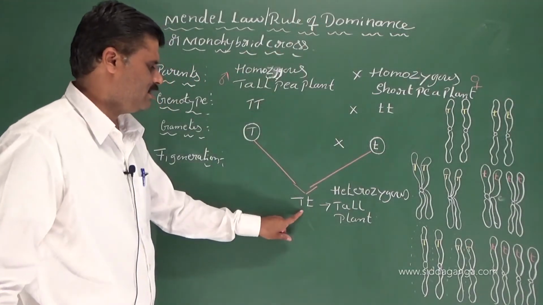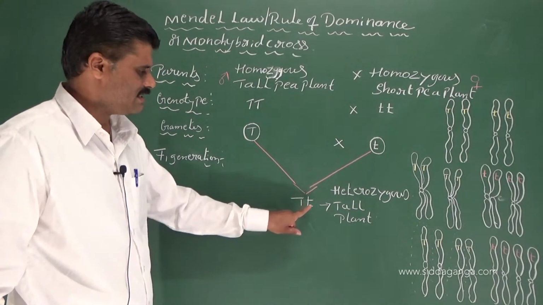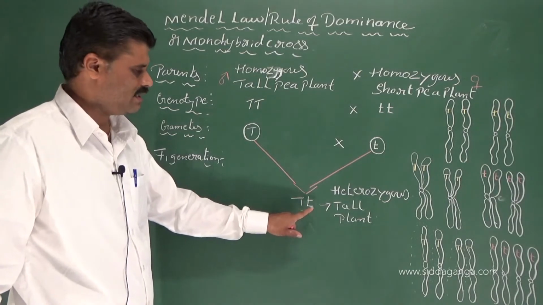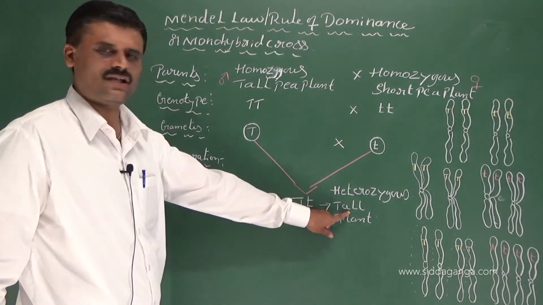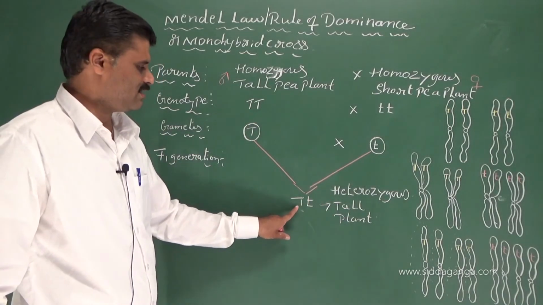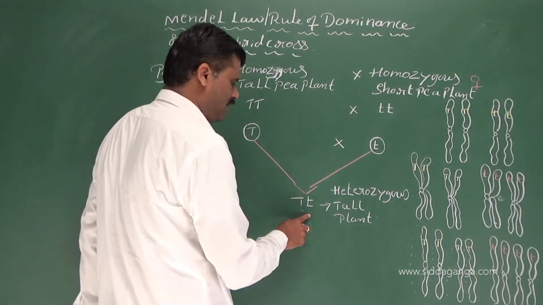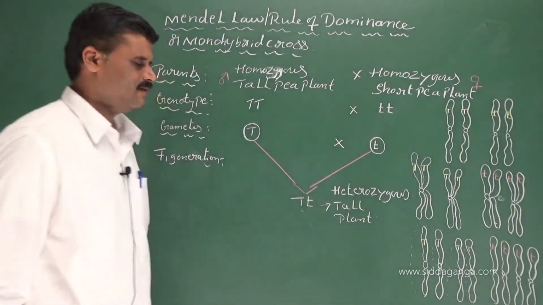Means the tall gene suppresses the recessive gene. Tall gene suppresses what? The recessive gene. Hence, the plant is tall in nature. It fully expresses its character.